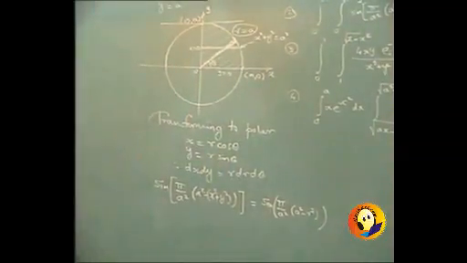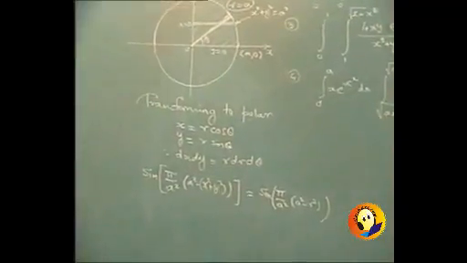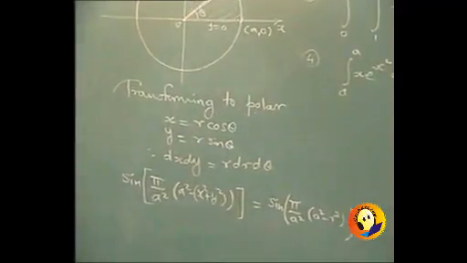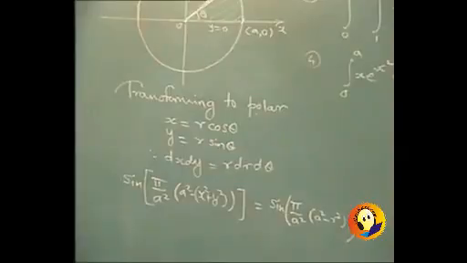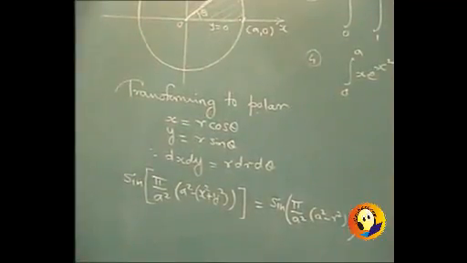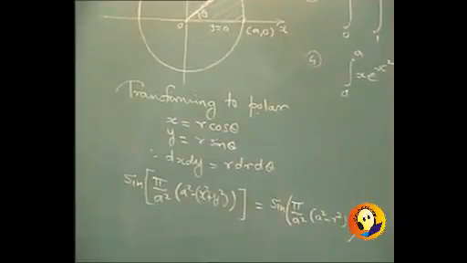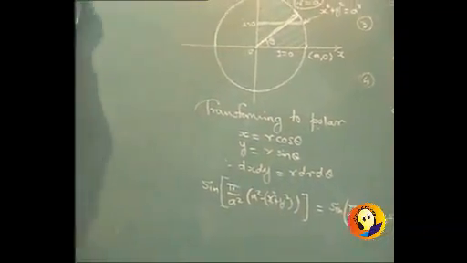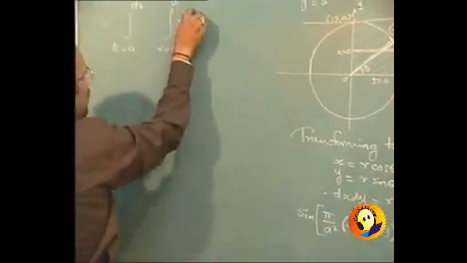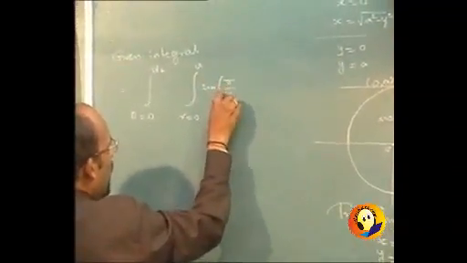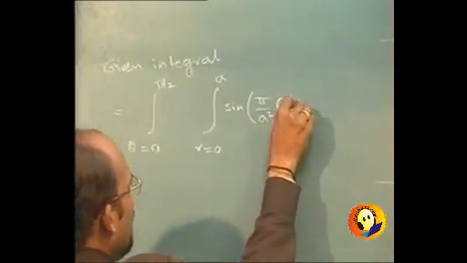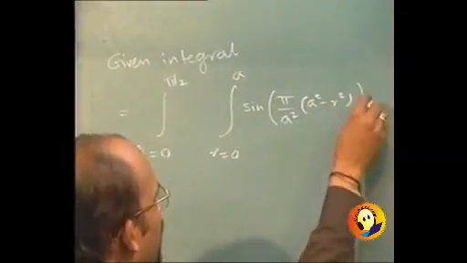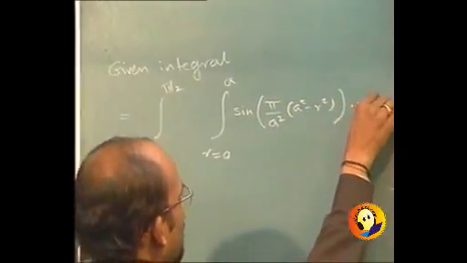The given integral can be written as theta varying from 0 to pi by 2, r varying from 0 to a. It will be sine of bracket pi by a square into bracket a square minus r square into r dr d theta.